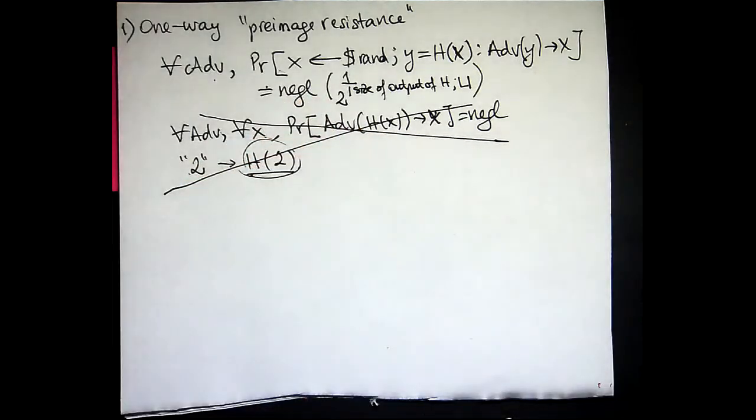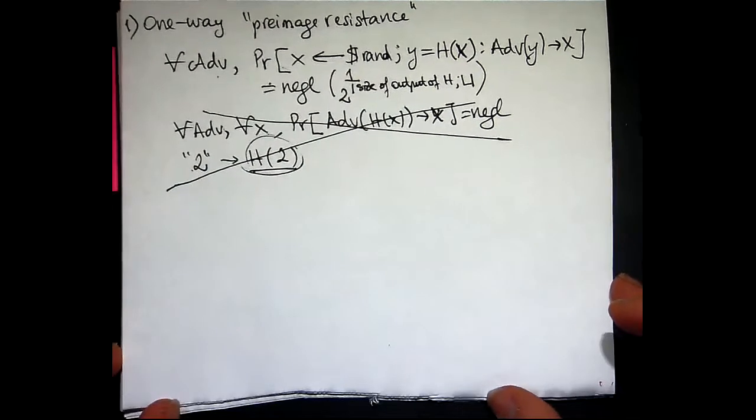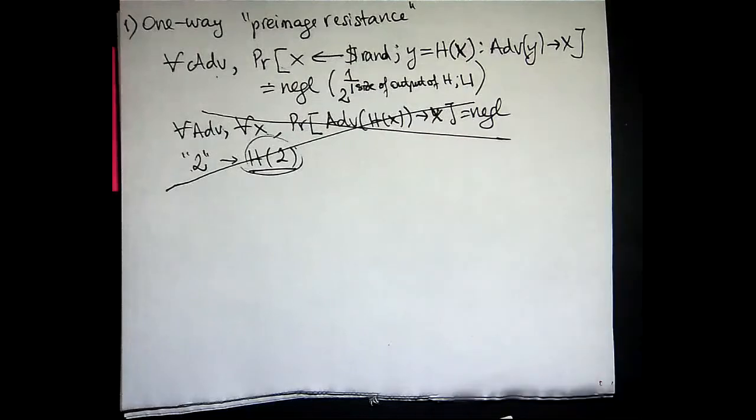Any question about this? Yeah, question? Yeah, I'll explain it again. It's difficult to invert the hash if you're given the hash of a random X. Then it's difficult to compute that X. But it's not difficult to invert the hash for any X. Why?